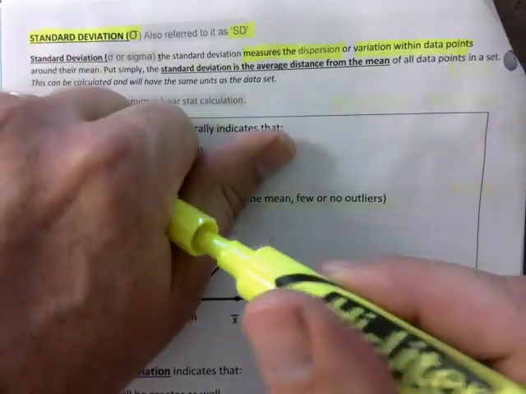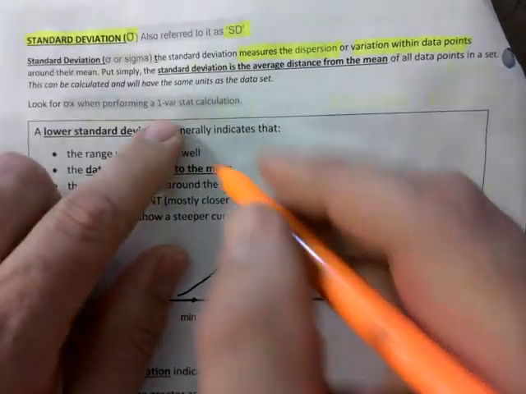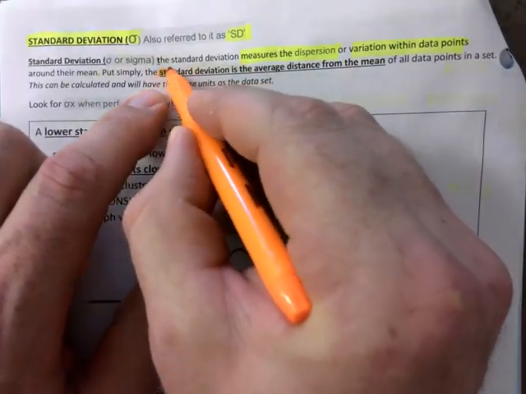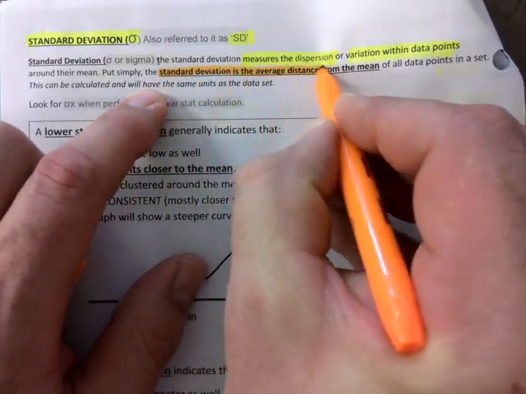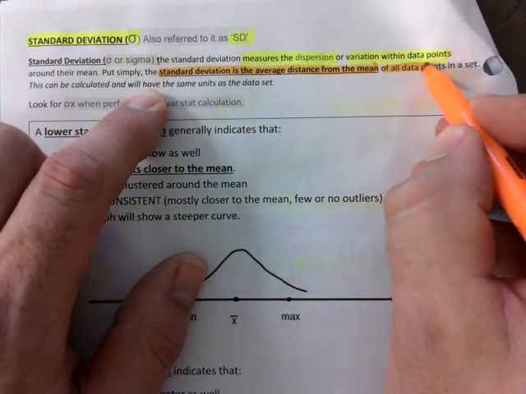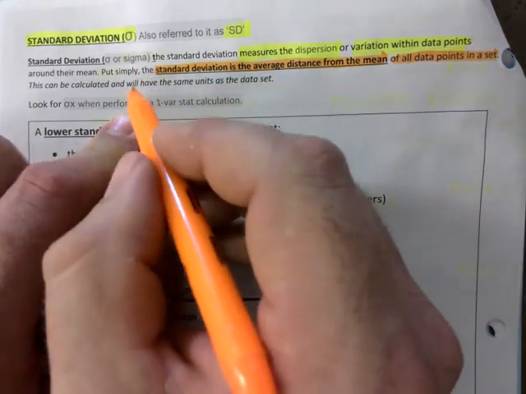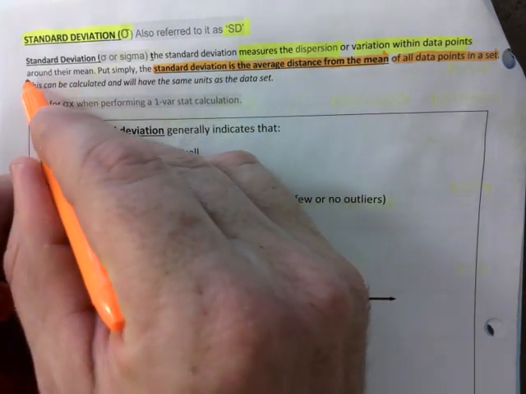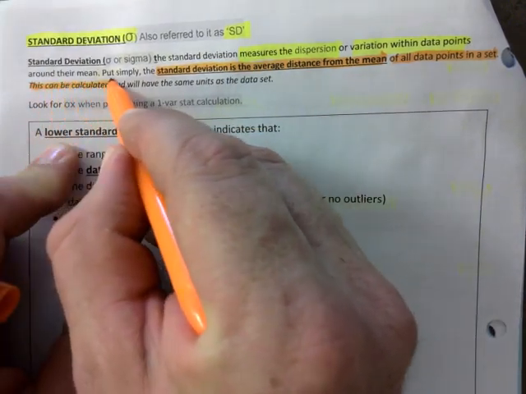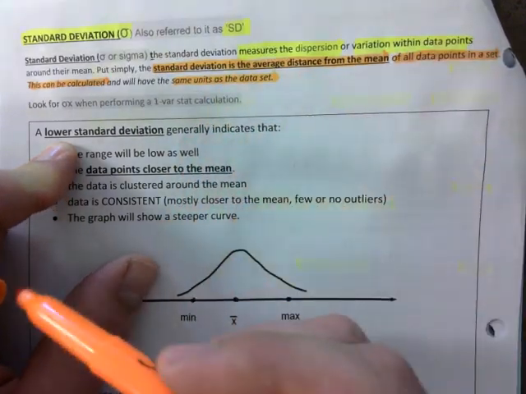Standard deviation is the average distance from the mean of all data points in a set. This can be calculated, and it has the same units as the rest of the data set.